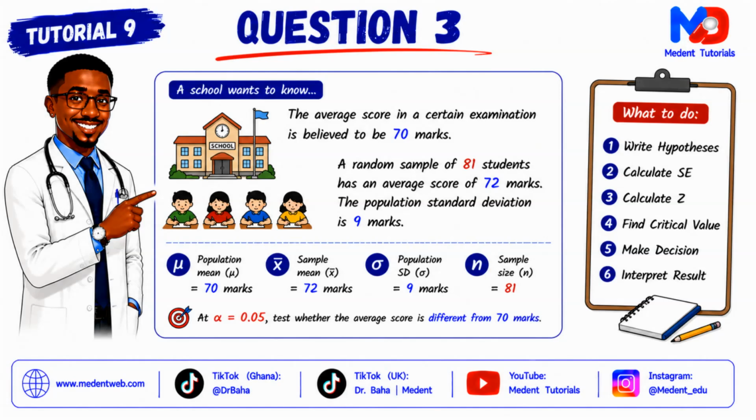The population standard deviation is 9. At the 5% significance level, determine whether there is sufficient evidence that the average score has changed.